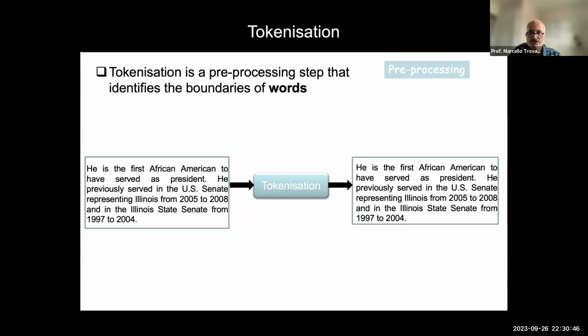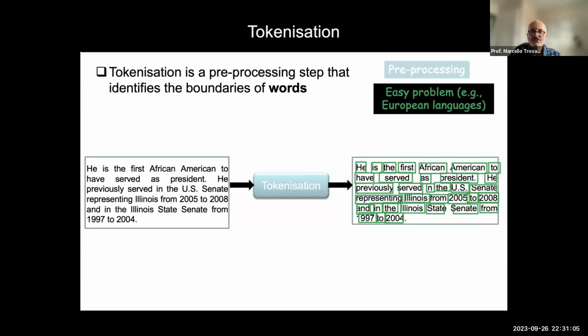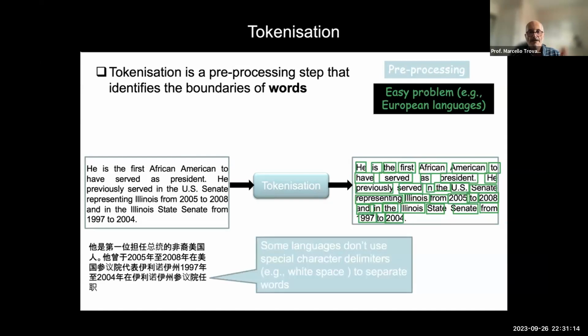Now, the next bit is tokenization. Tokenization is about the identification of words. After the text has been split into sentences, each sentence is split into words. It's easy for European languages because we have a space between two words.